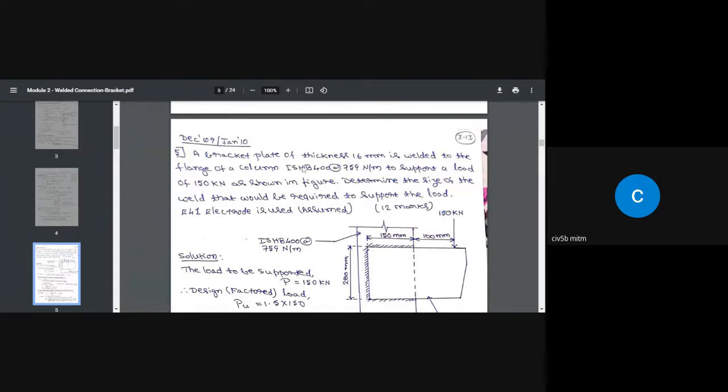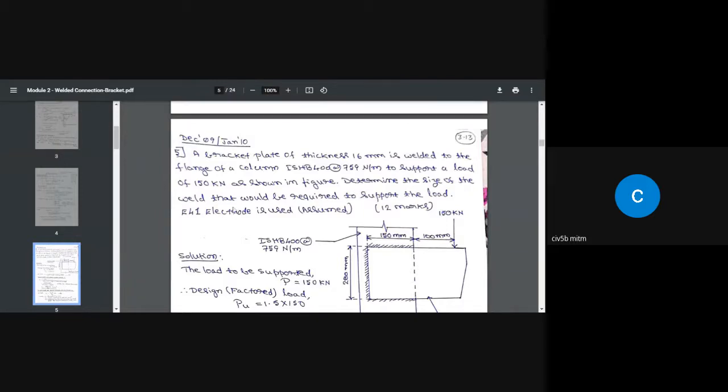See, a bracket plate of thickness 16 millimeter is welded to the flange of a column. This is the flange of a column ISHB 400, and this is a bracket plate, to support a load of 150 kilonewton. When they say to support a load, supporting means it is always a service load, as shown in figure, service load or working load.